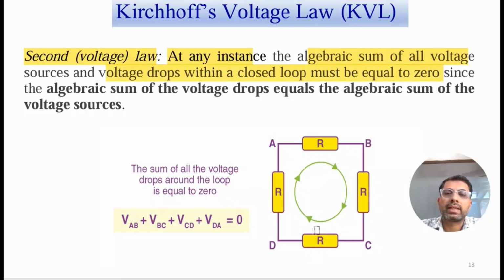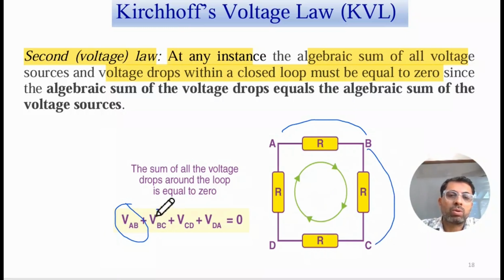Look, here is the circuit, and these are the resistors. So how to write KVL? The voltage across A and B is VAB. The voltage across B and C is VBC. Across C and D is VCD, and across D and A is VDA, which equals 0.